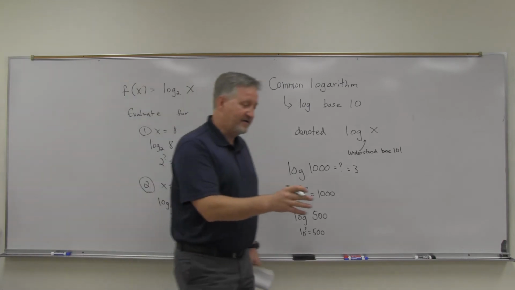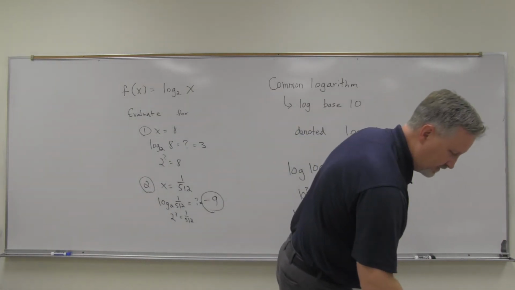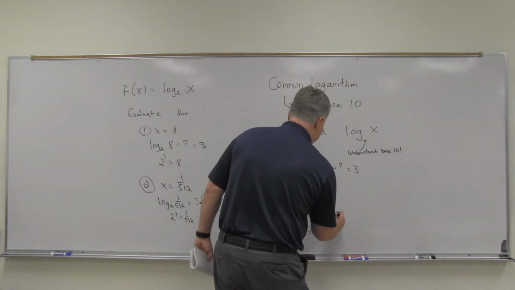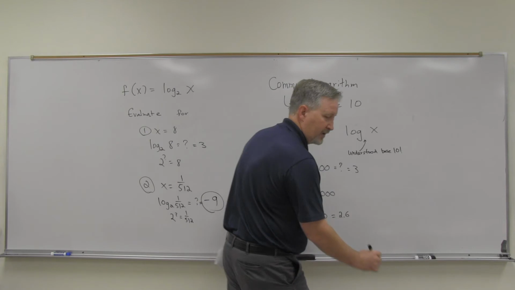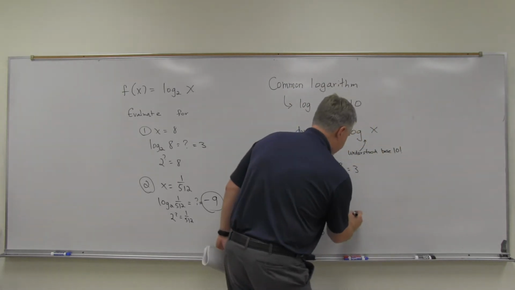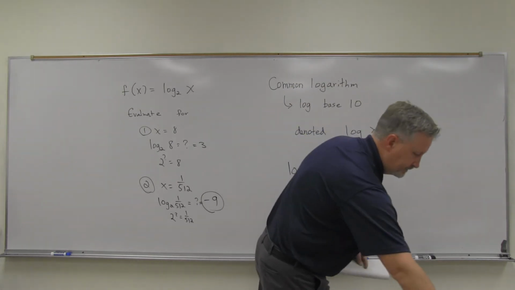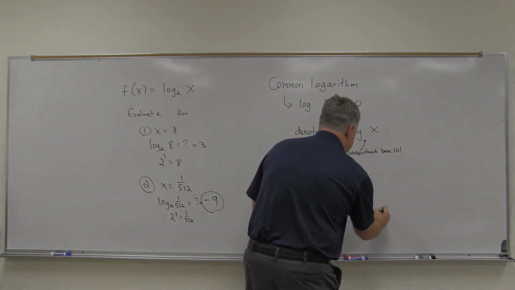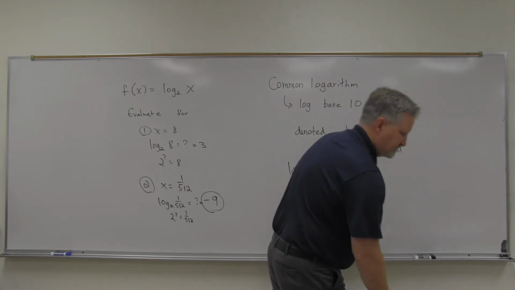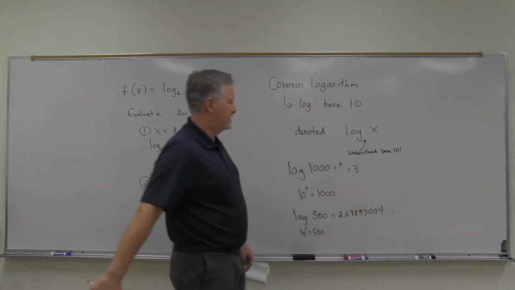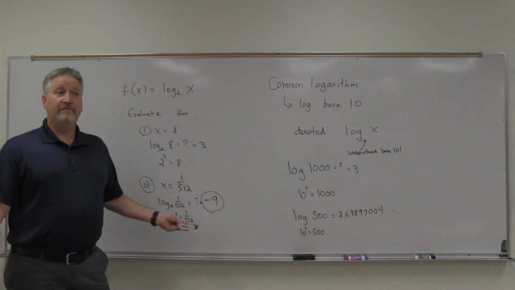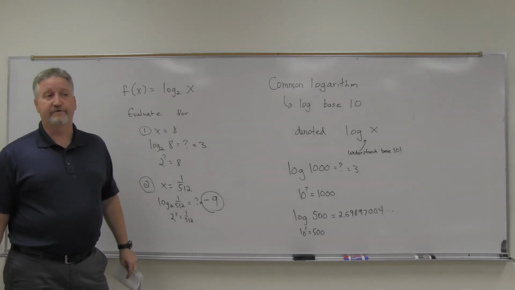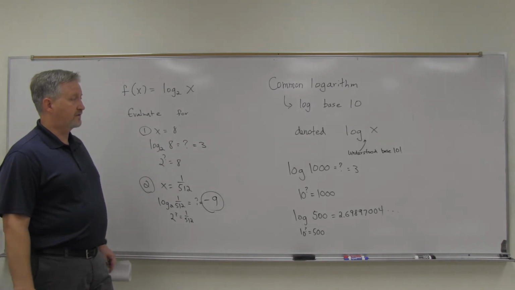But with our calculators, just find your LOG button and go log of 500, and it tells me it's 2.698, and however many places we want. It's not a nice power of 10, but the calculator can do it for us. That's the nice thing about the common logarithm.